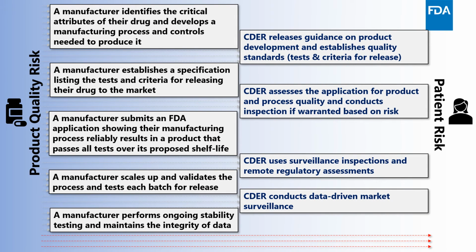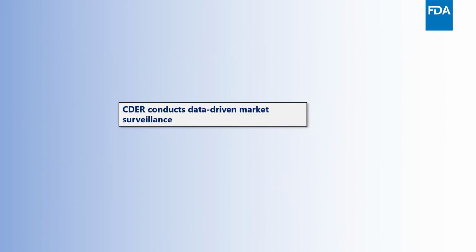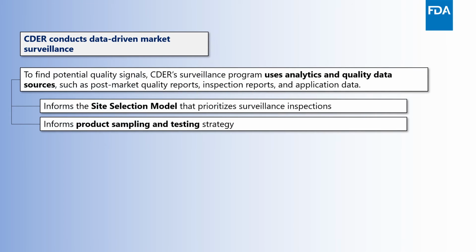Once a drug product is on the market, CEDAR conducts data-driven market surveillance. CEDAR's surveillance program uses analytics in a variety of quality data sources, such as post-market quality reports, inspection reports, and application data to find potential quality signals.